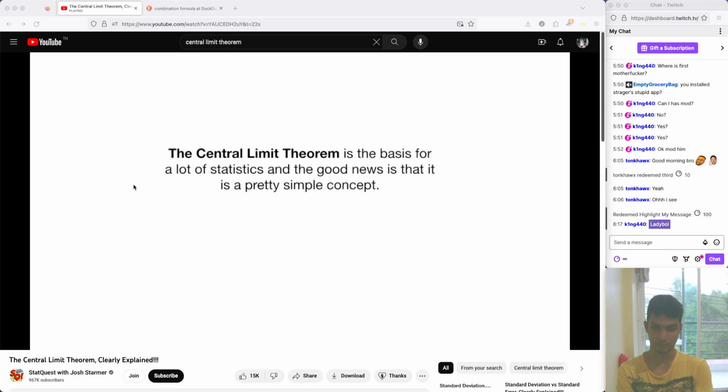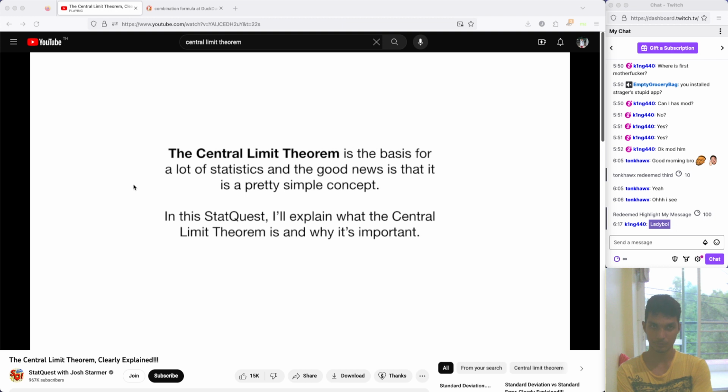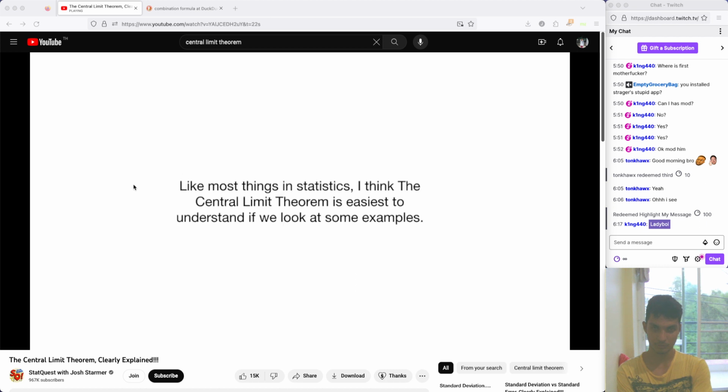The central limit theorem is the basis for a lot of statistics, and the good news is that it's a pretty simple concept. In this StatQuest, I'll explain what the central limit theorem is and why it's important. Like most things in statistics, I think the central limit theorem is easiest to understand if we look at some examples.